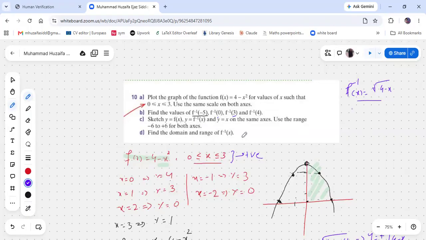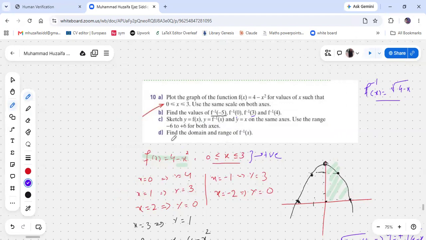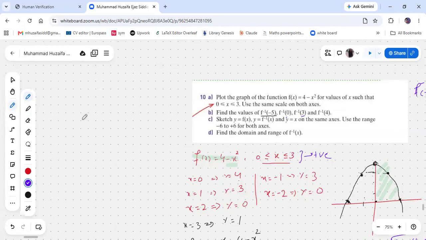Okay. So next we are moving to finding the domain and range of the functions. I was already telling you, this is our f of x, and this is our f inverse of x. So this is the domain, but on this side, this is our range.